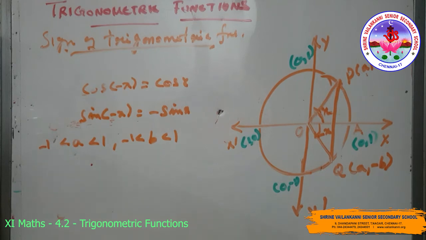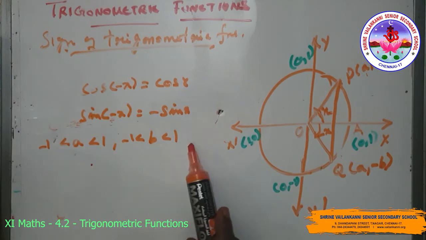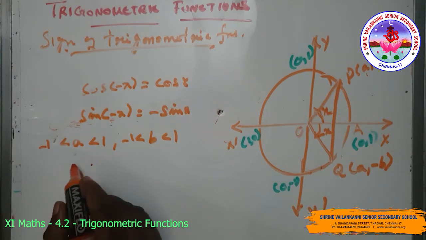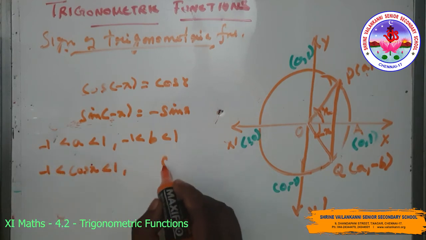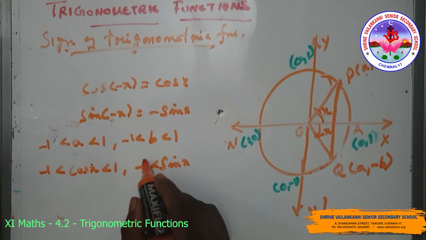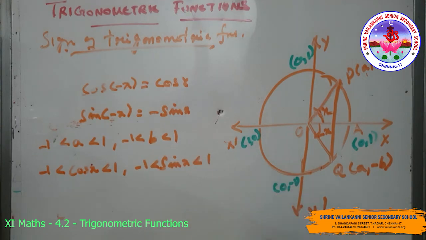Since for every point P, a comma b on the unit circle, a lies between minus 1 and 1 and b lies between minus 1 and 1, cos x lies between minus 1 and 1, and sin x lies between minus 1 and 1.